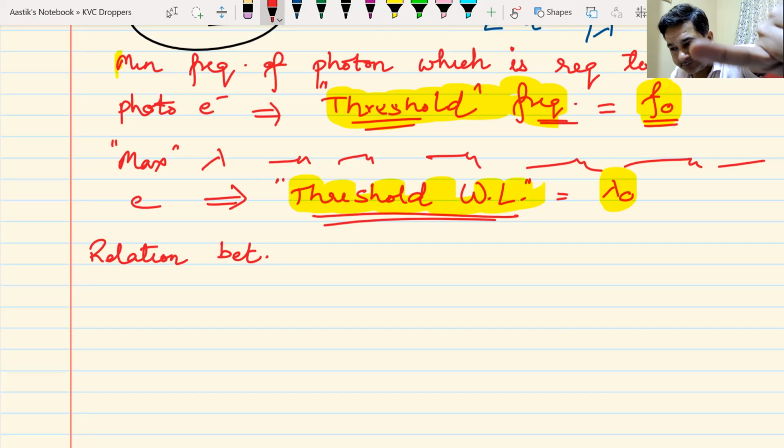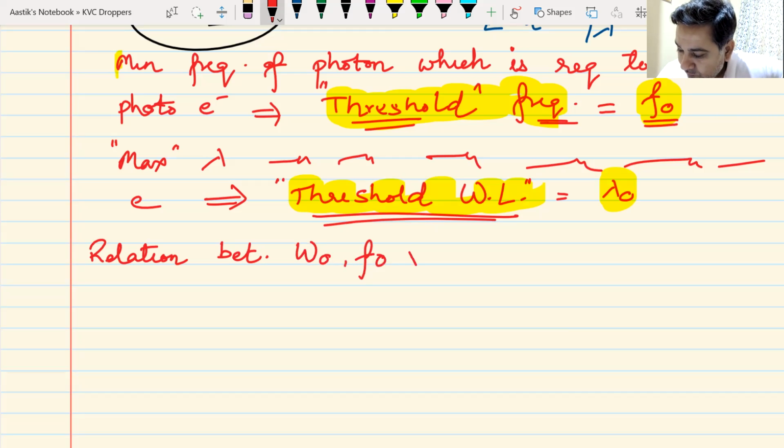The first one was work function. You always forget it. The second one was threshold frequency. And the third one is threshold wavelength. What is the relation between W naught, f naught, and lambda naught? Can you tell me how are these three things related to each other?